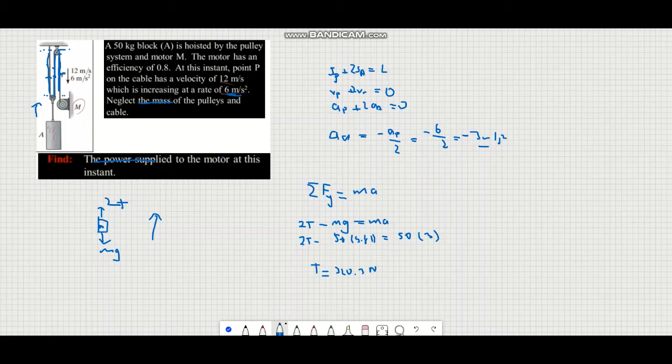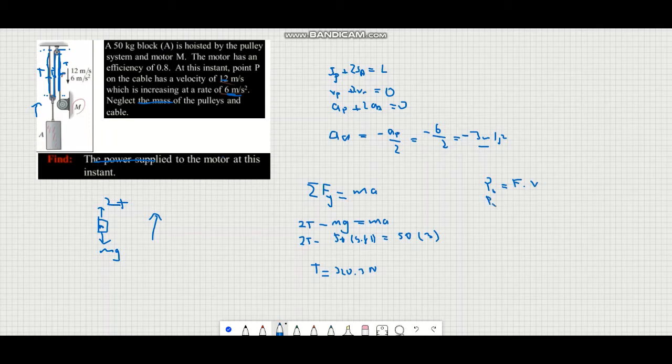Okay, what we found here is the tension on the cable T, and here also the tension of the cable, which is 320.3 Newton. So we are going to find the power supplied to the motor. We know the velocity at P, so the power output, which this motor gives, is the force acting on it multiplied by the velocity, right?